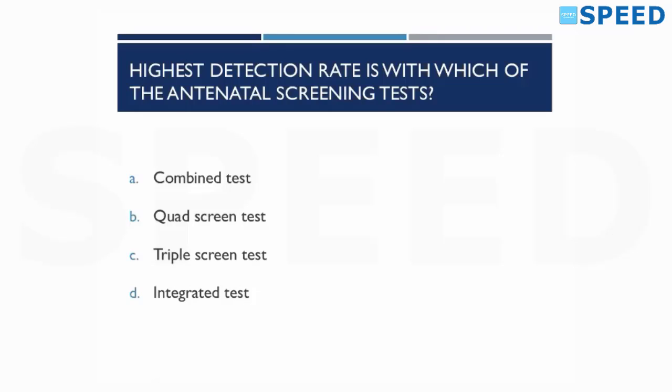So what is combined test, how it is integrated with quad test, and when it is performed will help us know how efficiently the integrated test can perform. When an integrated test is a combination of a quad screen and a combined test, where combined test is performed in the first trimester and a quad screen is performed in the second trimester, the integrated test will have a higher detection rate of as high as 85%, and hence fetching the answer as D.